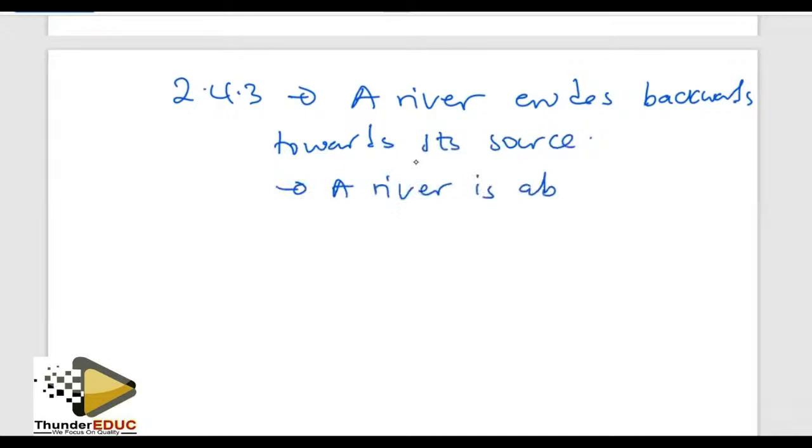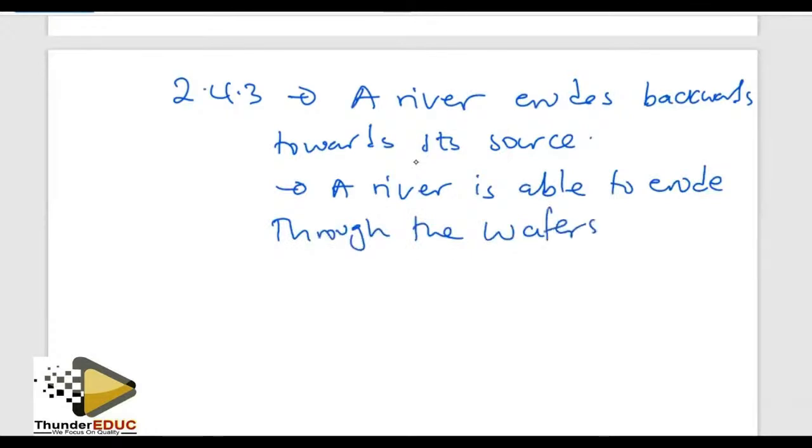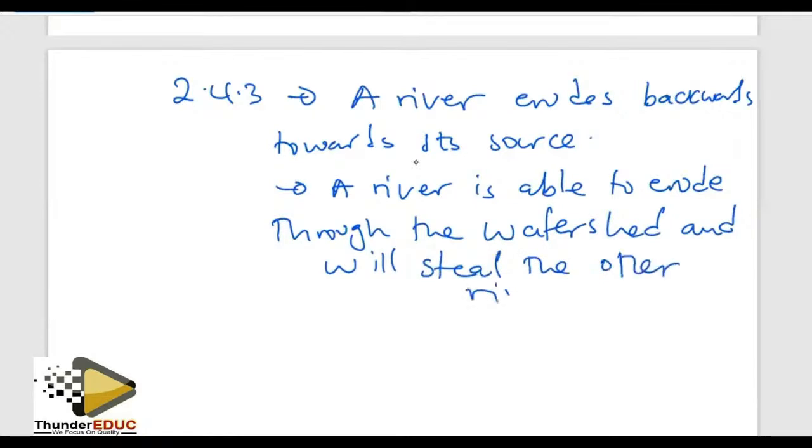The river is able to erode through the watershed and will steal the other area. So that's how headward erosion could contribute to river capture.